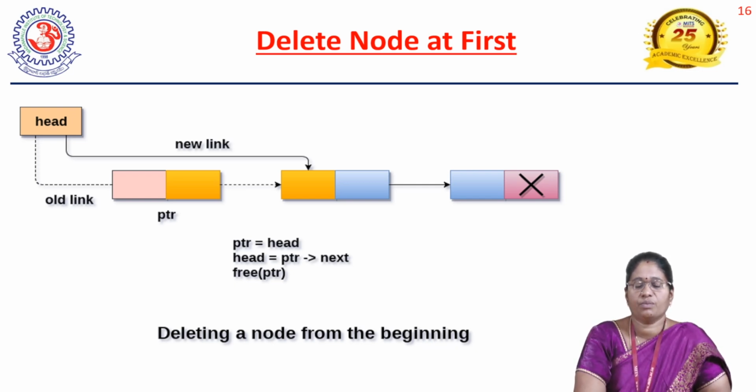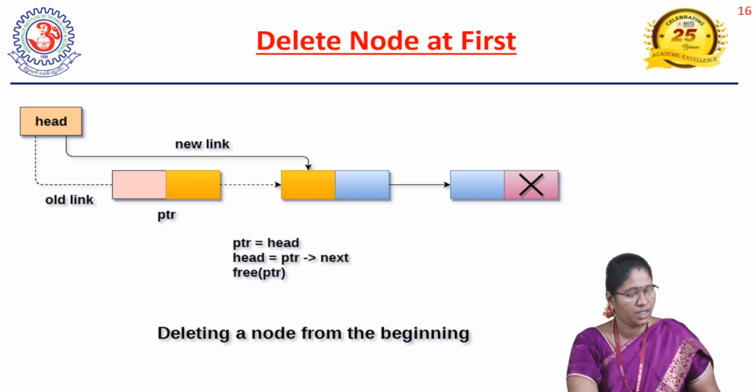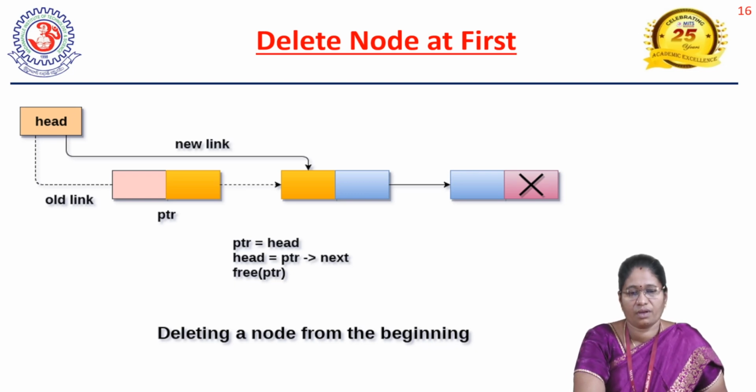That is a term called free. It is a function used to deallocate your data from your memory location. First you have to connect the head to the next node, and only after that you remove it. That is called deletion of a node at the first place.